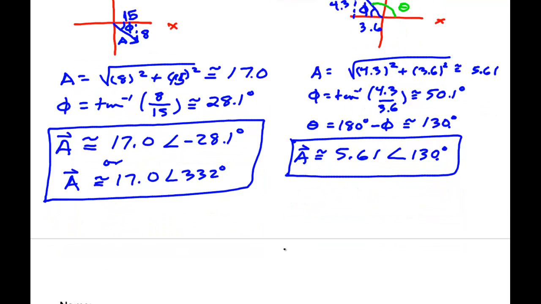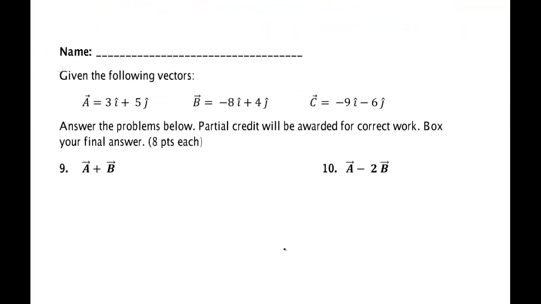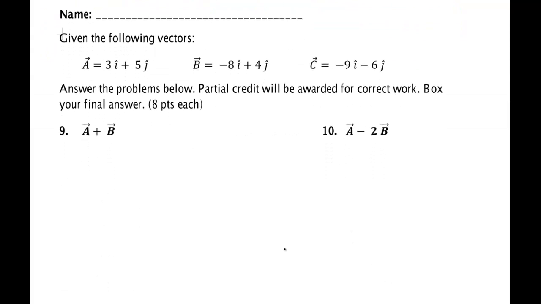Okay, so let's see what else we have on this thing. We're given a set of vectors and they want us to demonstrate now that we know how to add vectors and multiply vectors by scalars. Okay, a plus b. We're talking about adding the x components, which is 3 plus minus 8, getting those right up from here, the x components, that's i hat.